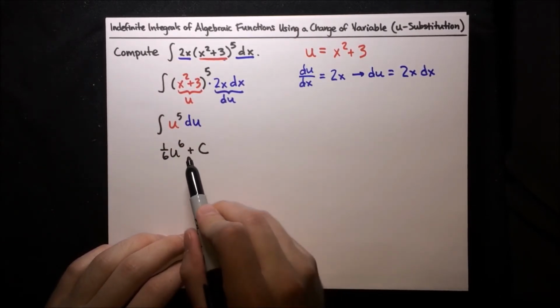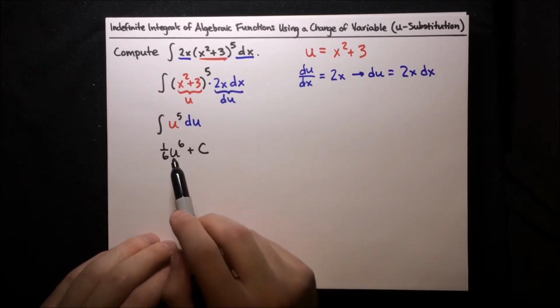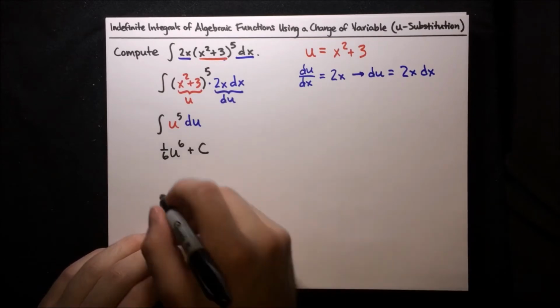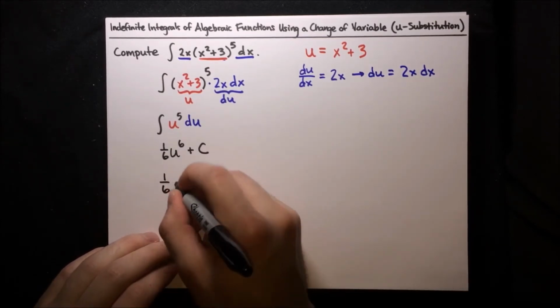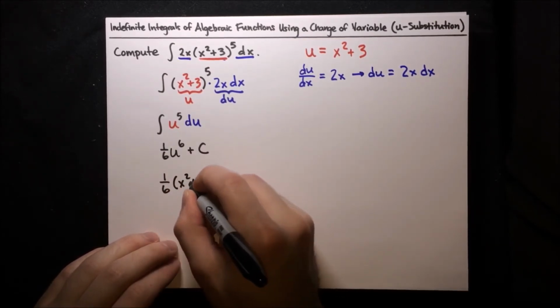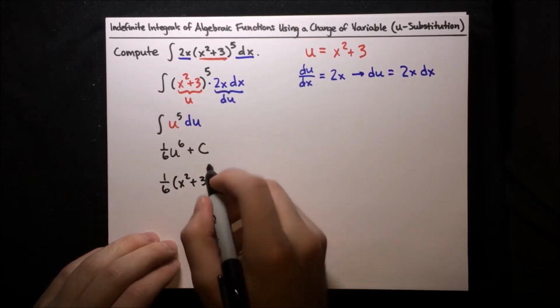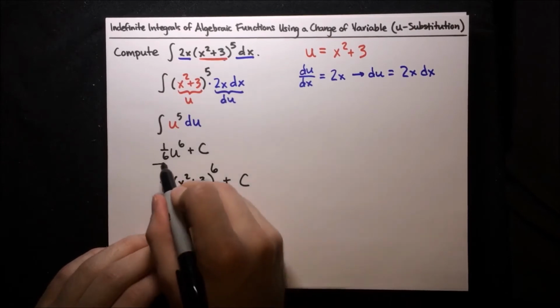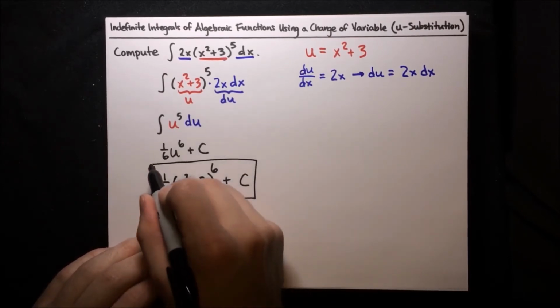But we want our final answer in terms of x, not u, so we can just substitute in what we said that u was. u is just x squared plus 3, so let's put that in. 1/6 times x squared plus 3, the quantity raised to the 6th power, plus our constant of integration, and there we go. There is our integral.